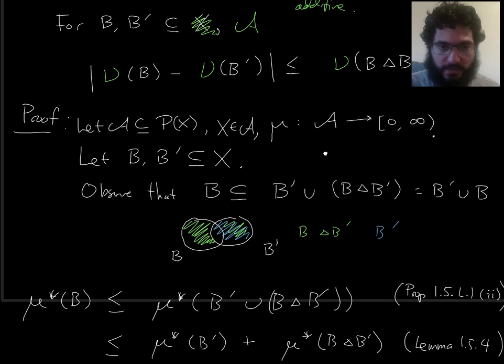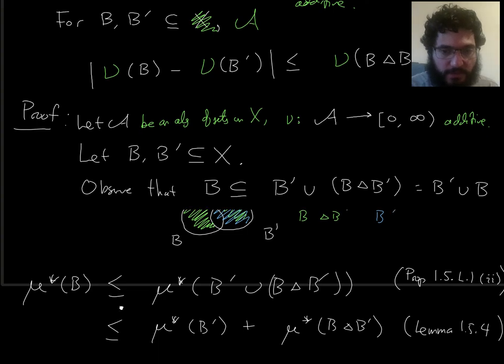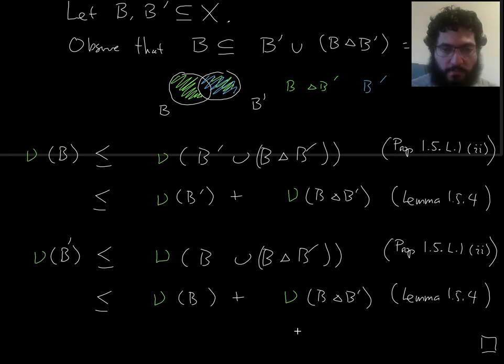So then we also get this nice inequality. All right, let's see what needs to change. So let's assume A is an algebra of sets on X, and now nu is additive. And then same stuff, same observations, just down here I'm going to replace these mu stars by nus. There we go. And these justifications now need to be updated. So, for example, why is it that nu B is less than or equal to nu of this thing that contains B as a subset?